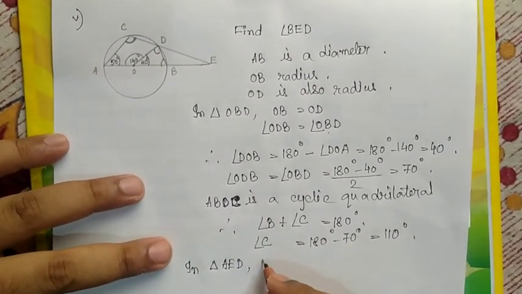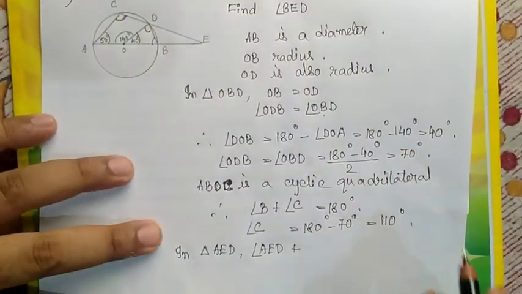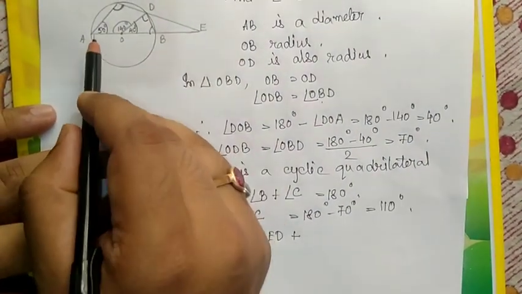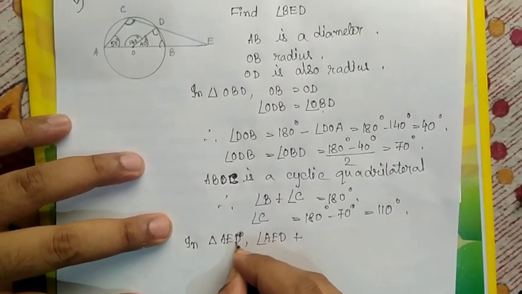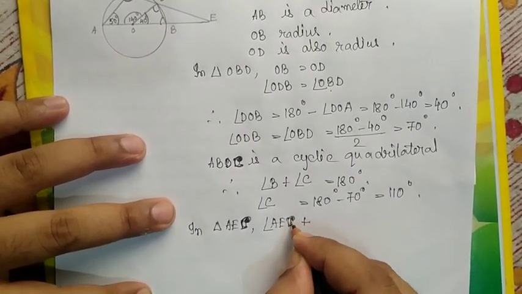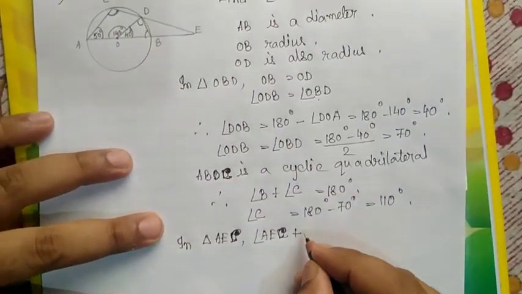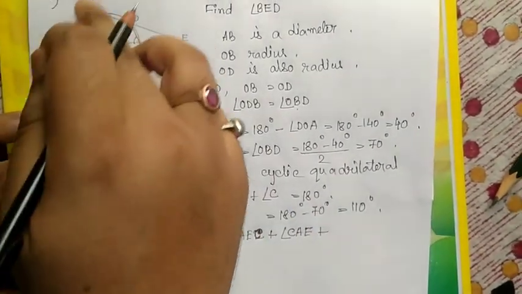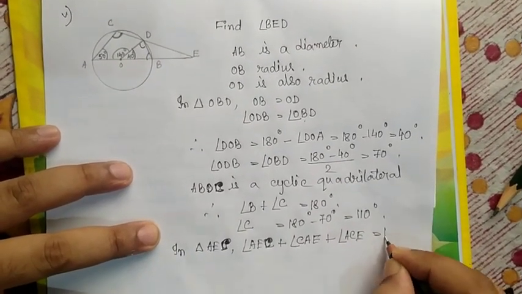So in triangle AEC, because this is the greater triangle, angle AEC plus CAE plus ACE equal to 180 degree.